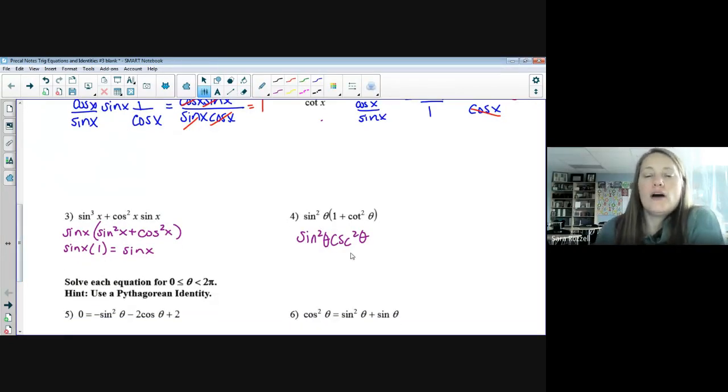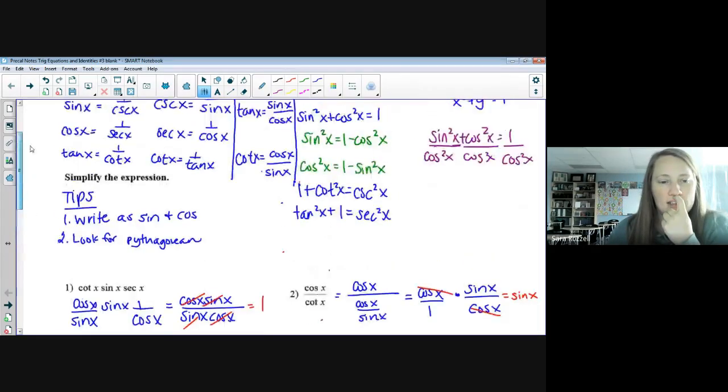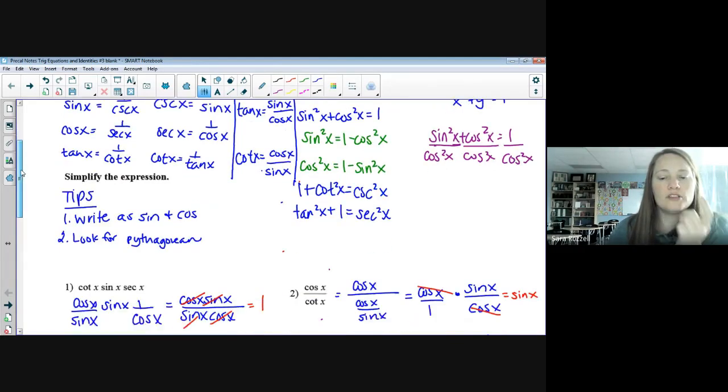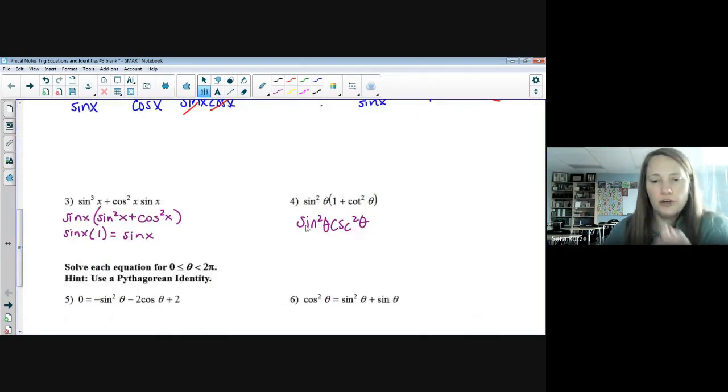And now I'm going to say, oh, wow, I don't have everything in sine and cosine yet, so I'm going to go ahead and do that. Okay. So cosecant was the same as 1 over sine, right? Cosecant is the same as 1 over sine. When you have the squares, you just put squares with them when you're doing this.